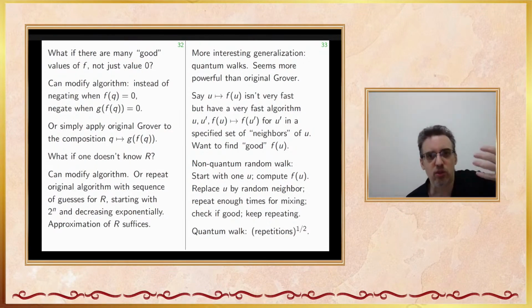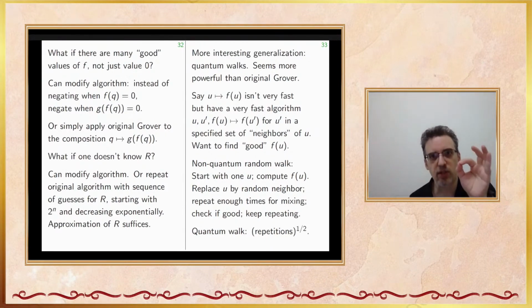You start with u and f of u and the modified version, so you see this little change to u. And then for any of those neighbors, the u primes, which are neighbors of u, any of those modified versions of u, you have an algorithm which moves from f of u to f of u prime. This is a very common situation. And then in this situation, instead of saying, I'll make a random u, evaluate f of u, which is maybe kind of annoying, and then make another u and again evaluate f of u and keep piling up the annoying evaluations of f, what you can do instead is say, all right, I'll start with one value of u.